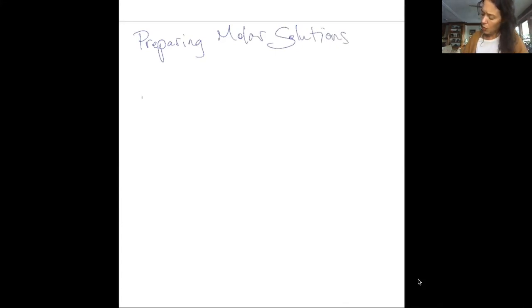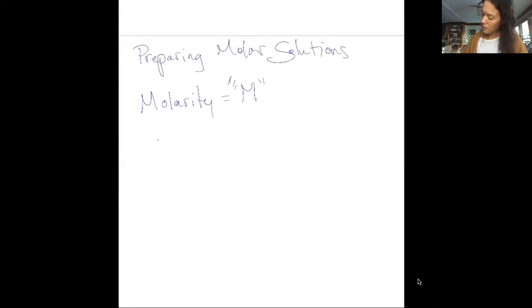Molar, remember molar? Molarity is the letter M, large M, not a small m, it must be a large M. And I could say 2.5 M, right? I would read that as 2.5 molar, right?